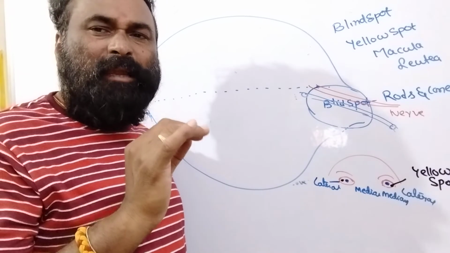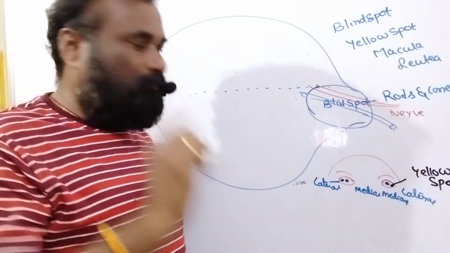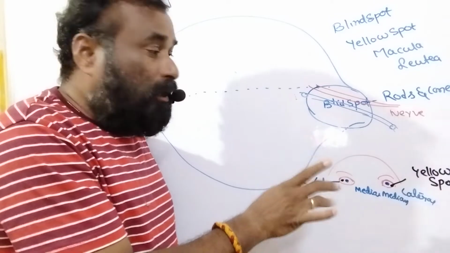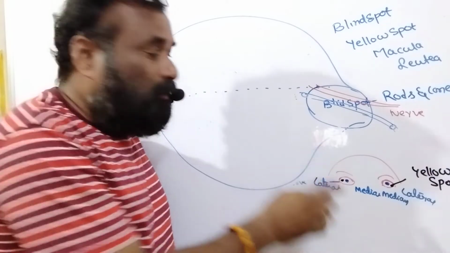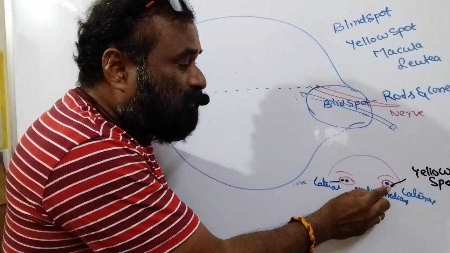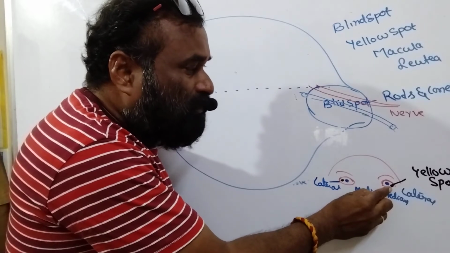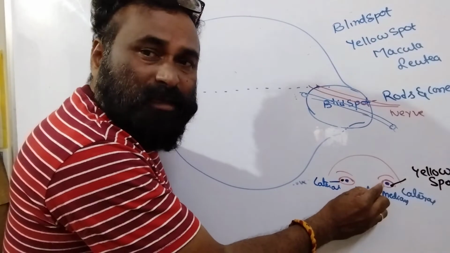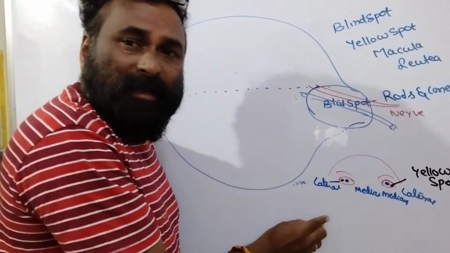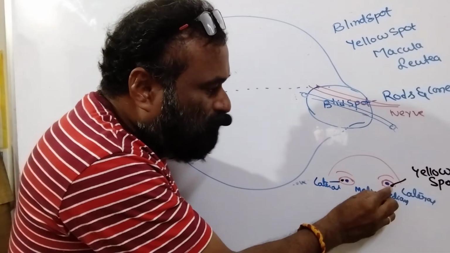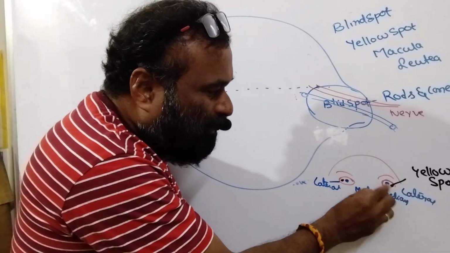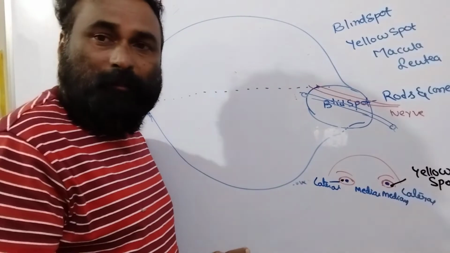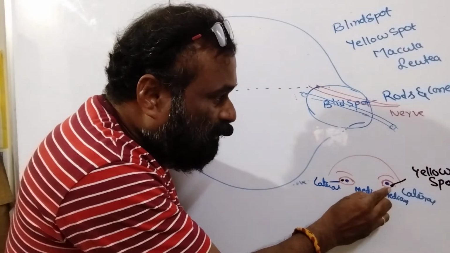In our NCERT, a diagram is given for the location of the yellow spot and blind spot. Observed in this diagram, I am using a black dot for the yellow spot and blue color for the blind spot. You observe the black colored spot is present lateral to the blue colored spot. So this is the yellow spot.